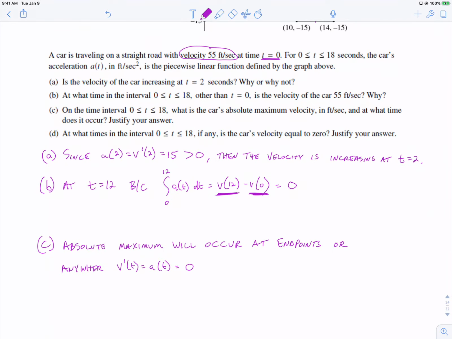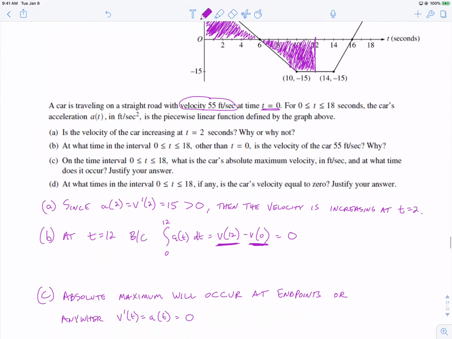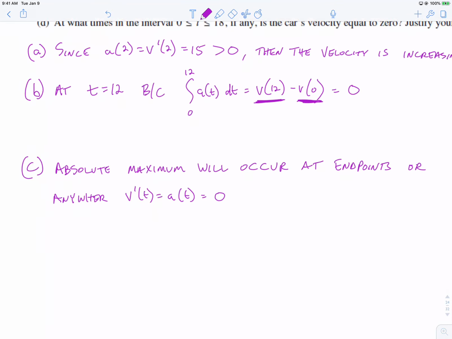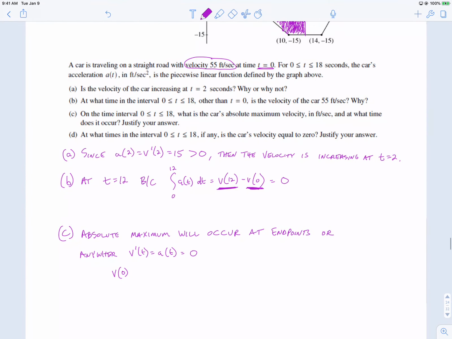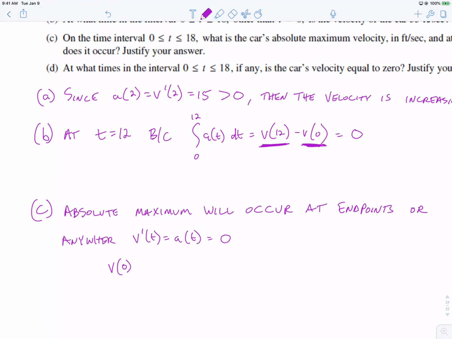All right, so that means we want to check the velocity at the endpoints: at 0, and at 18, since the interval is 0 to 18, and the velocity at 6.